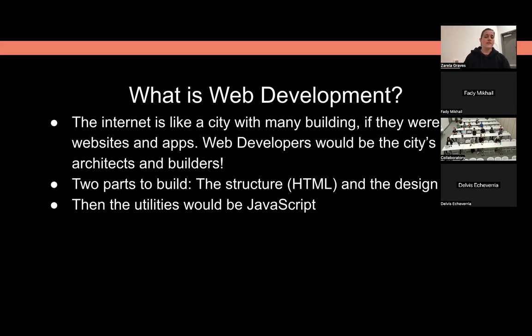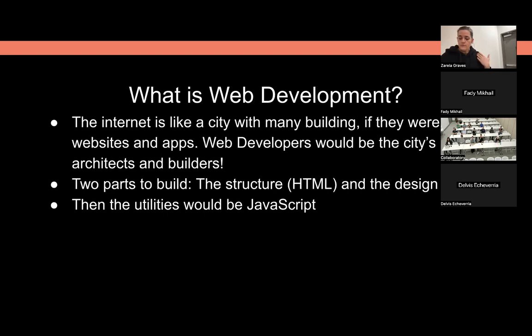When it comes down to web development, there are two parts generally needed. There is the structure, which is HTML, and the design, which is CSS. HTML is like the blueprint of the building, telling the browser how the page should look and be arranged.